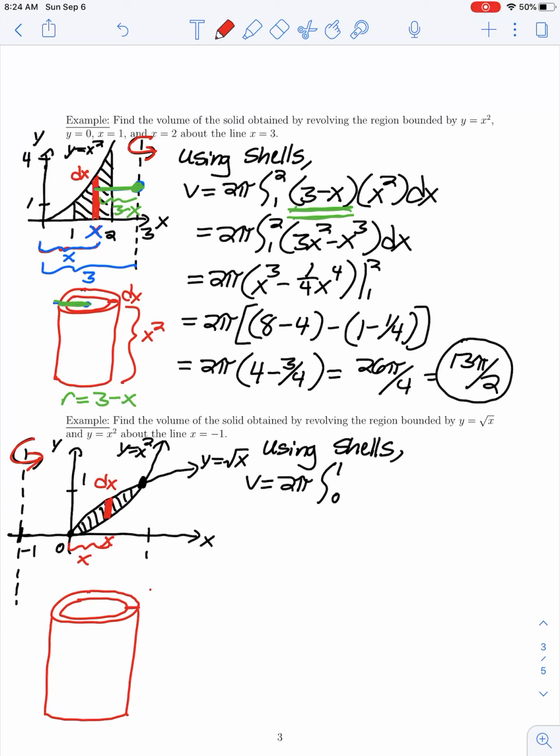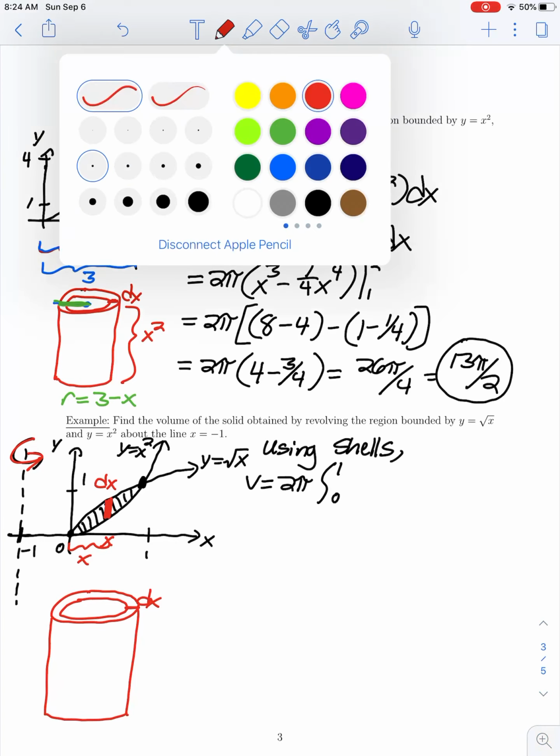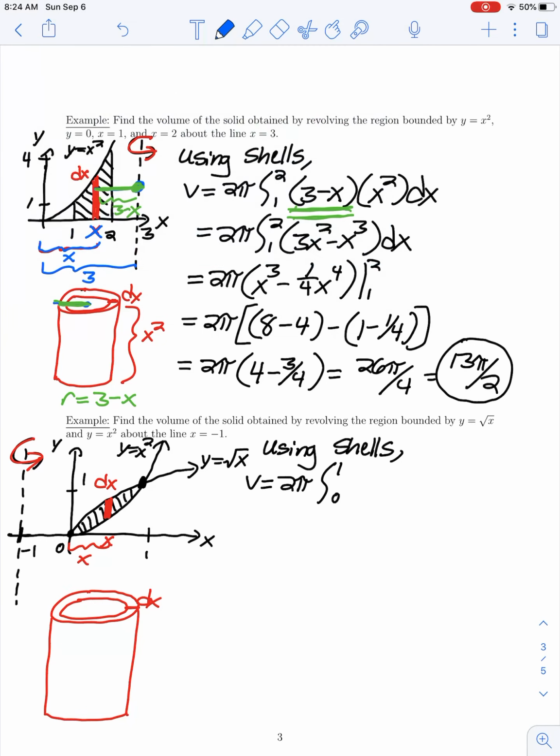So we have our little cylindrical shell of a thin width dx. Now let's think about the radius of this cylinder. The radius will be the distance from its center to the outer edge. The center of our cylindrical shell will be at the axis of revolution at x equals -1, and we're interested in the distance from that center out to this slice.